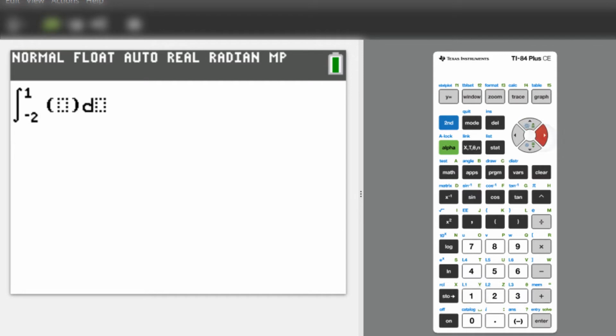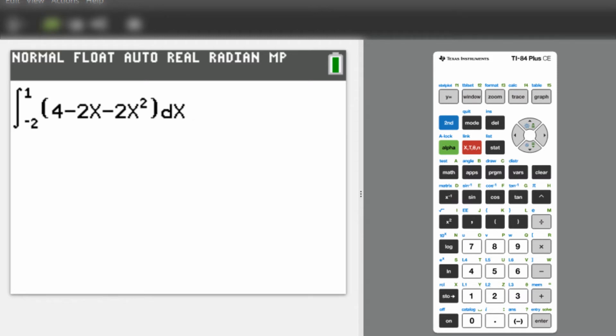Now let's put in the function 4 − 2x minus 2x². We'll square that, and then put in dx to indicate that we are taking the integral with respect to x. Check all the parts to make sure that the endpoints and the function is right.